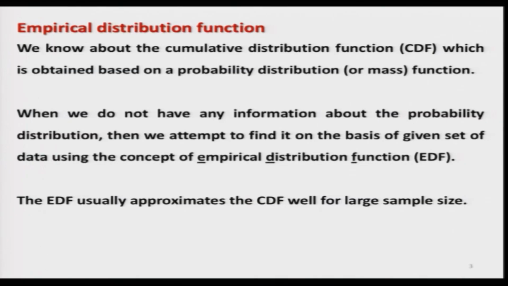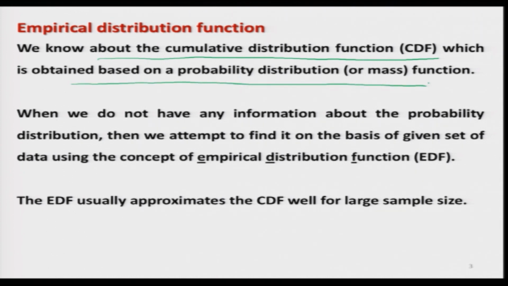Okay. So, now we know that the cumulative distribution function is obtained on the basis of a probability distribution function or a probability mass function or a probability density function, and this actually creates the foundation of all statistical inference. Whatever we want to do in statistics is based on this cumulative distribution function.